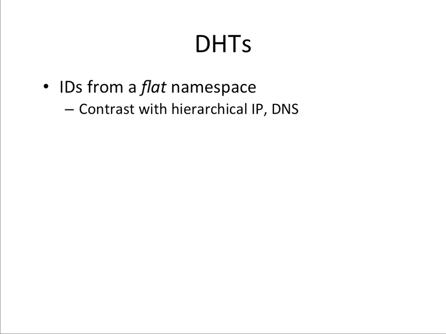So first, let's think about the namespace. Usually, just like regular hash tables that we're familiar with, the namespace is flat. What that means is there is no hierarchy. You just have a key, it's a random bit. For example, the placement of bits in the name doesn't have any meaning.